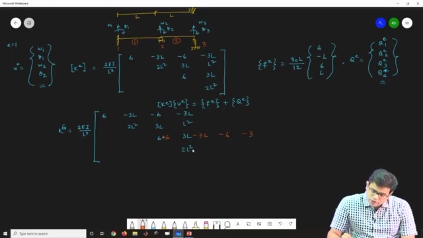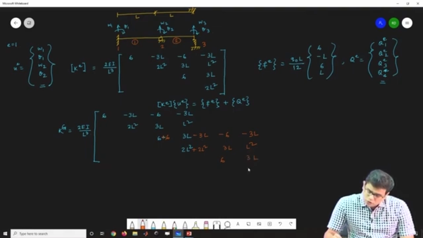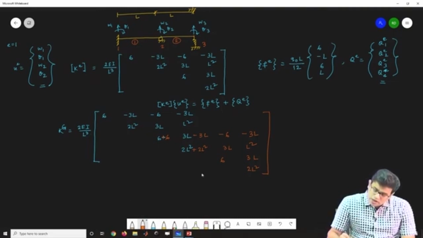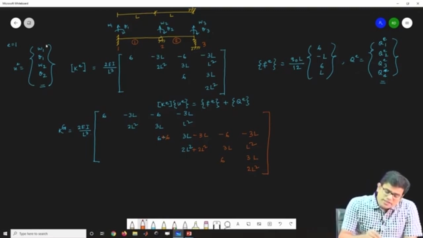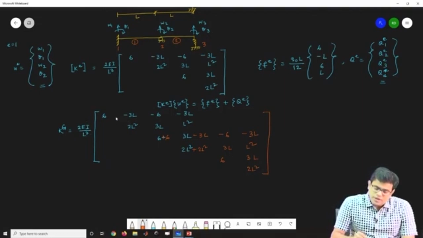So then you will have 2L square plus 2L square, then you will have 3L, and then L square, then you will have 6, 6 and 3L, and then you will have 2L square. So this is my global stiffness matrix. If you look carefully, you have totally 6 degrees of freedom, so this matrix is 6 by 6.